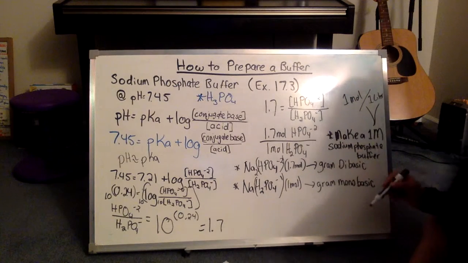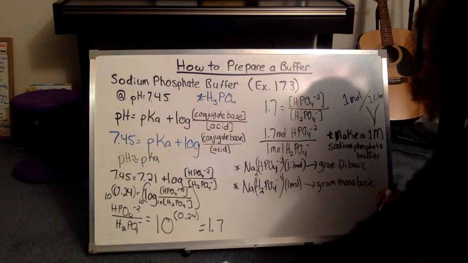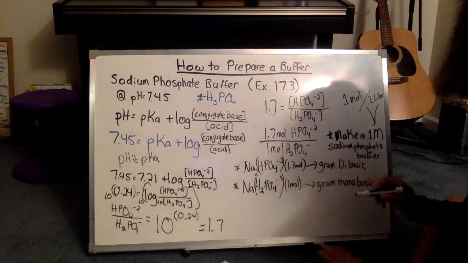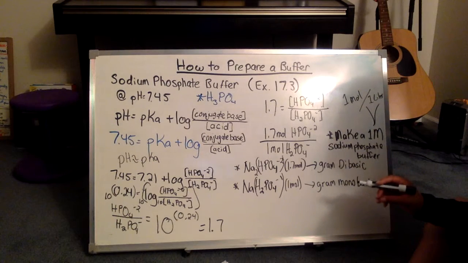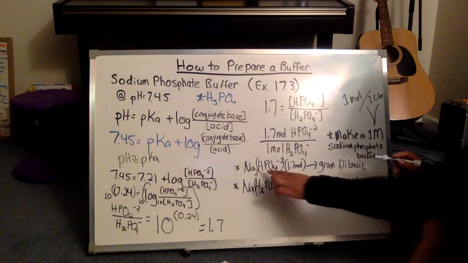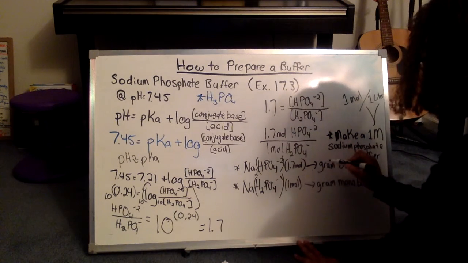So the molecular weight of dibasic is, I don't want to show that because I don't want to get too deep in that. But you would take the molecular weight in grams of the dibasic, which you could look up.